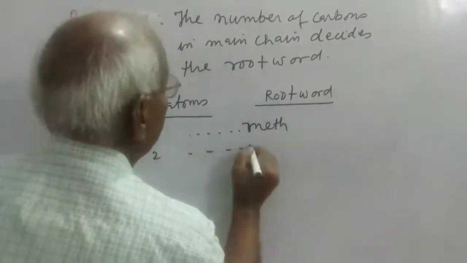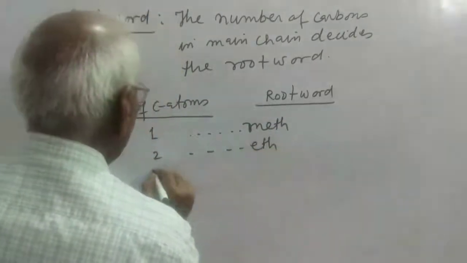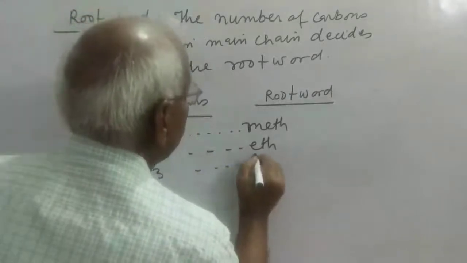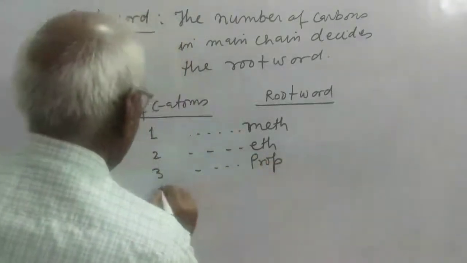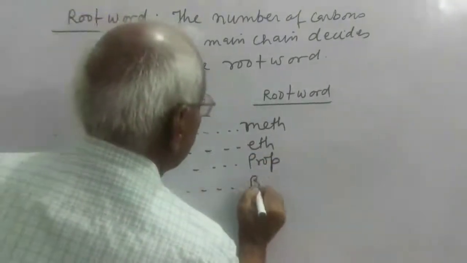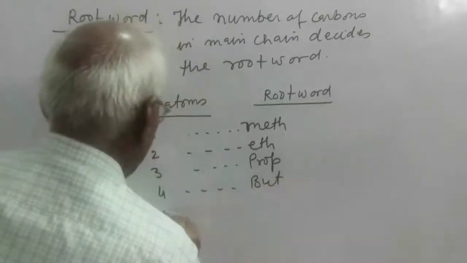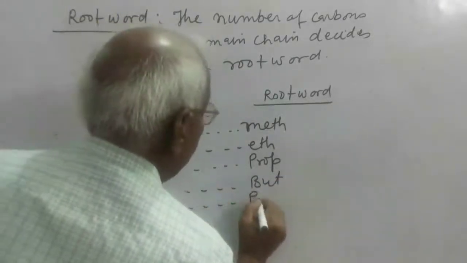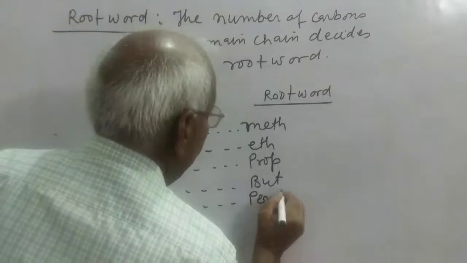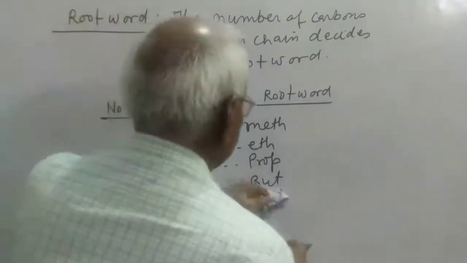When 2, it is eth. When 3, it is prop. When 4, it is but. When 5, it is pent, and so on.